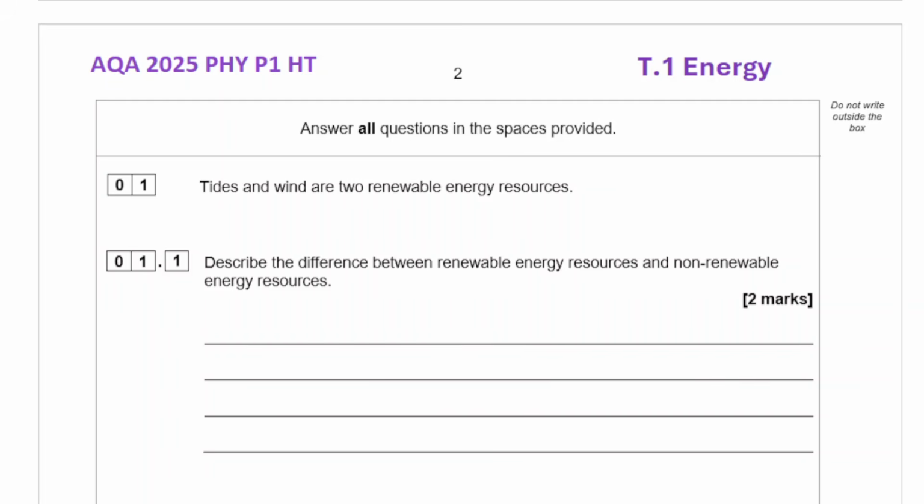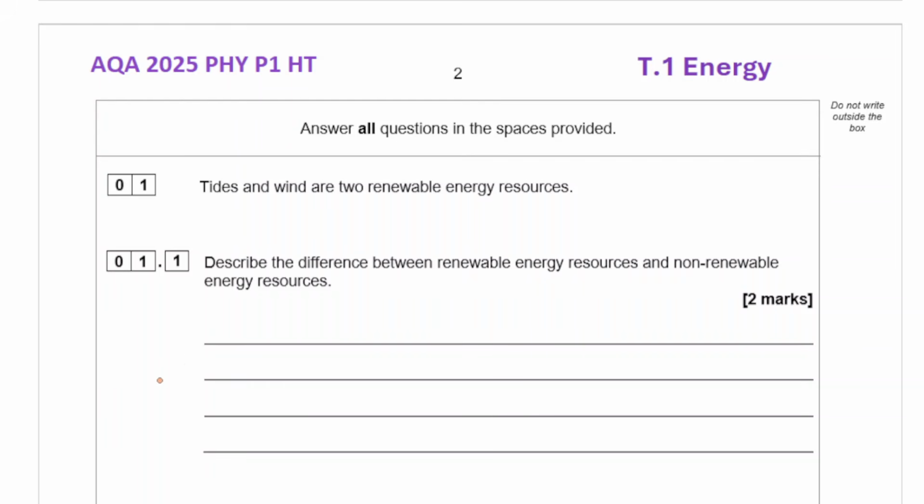Tidal and wind are two renewable energy resources. Describe the difference between renewable energy resources and non-renewable energy resources. Well, renewable energy resources can be replenished, whereas non-renewables cannot be replenished.